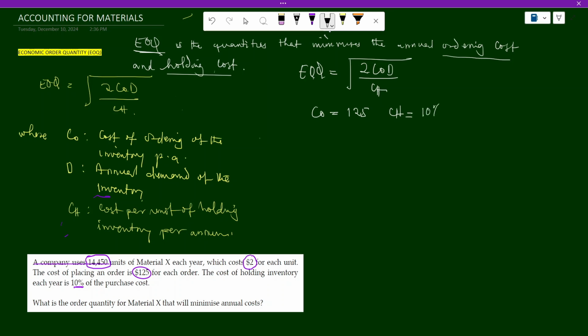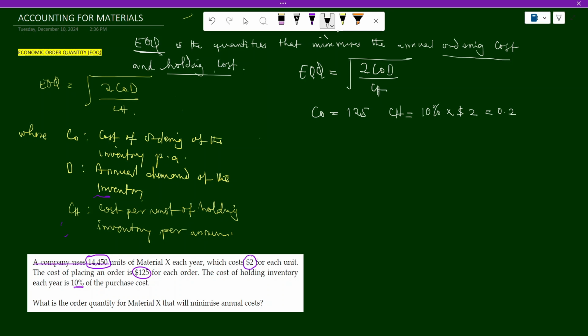So 10% times the purchase cost, which is $2, that one is going to give us 0.2.